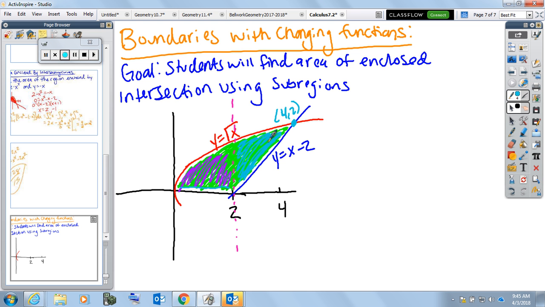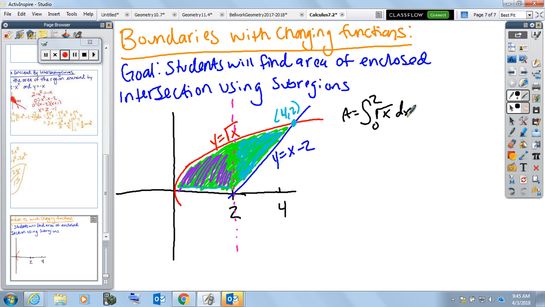And so now let's think about what is happening in this area. Well, in all purple areas, it's only y equals root x. It's from 0 to 2. And so what this tells us is that we are looking for the area to equal the integral from 0 to 2 of root x dx.